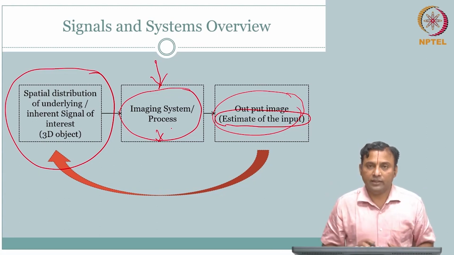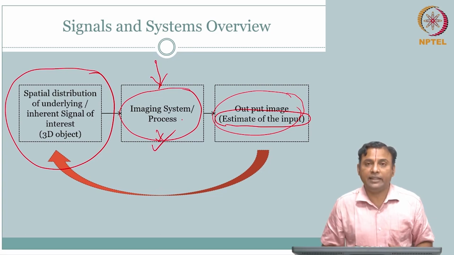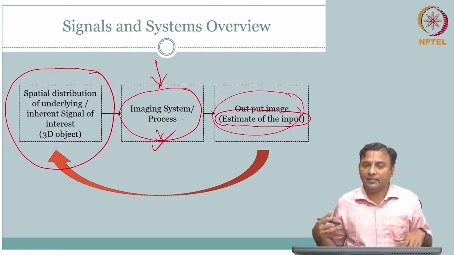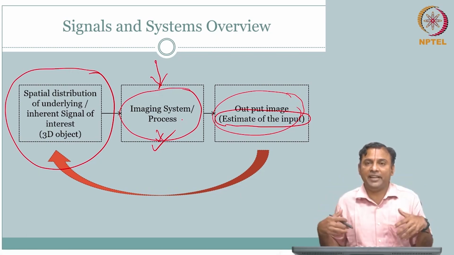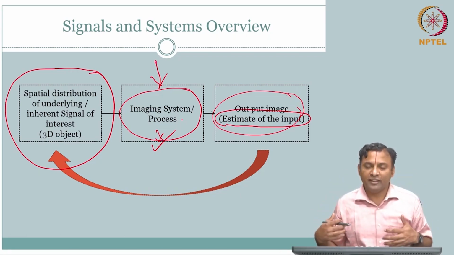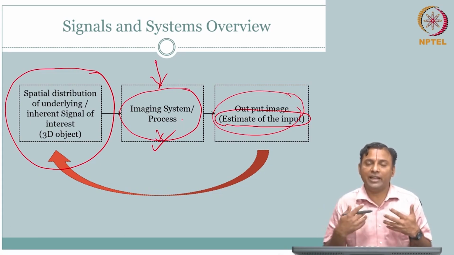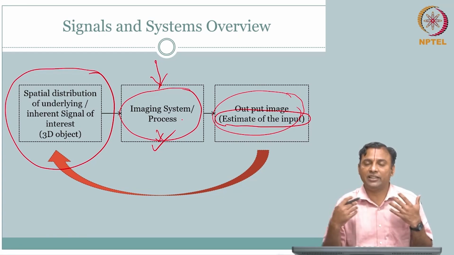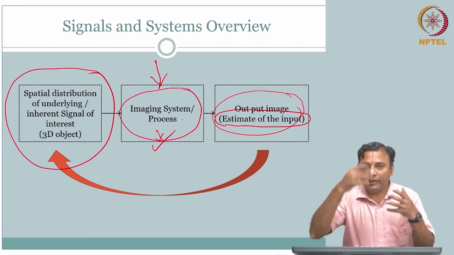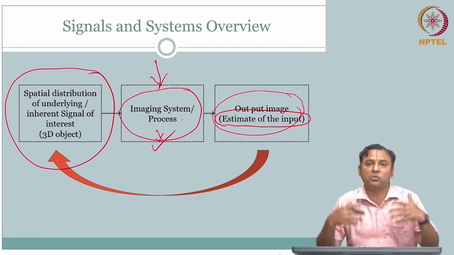Whereas if it is CT, an X-ray based imaging system, what is it going to look at me as? I am just a 3D distribution of the material's attenuation coefficient. How much can it attenuate the X-ray energy that is coming in? That ability is the property, and I am a distribution of that.